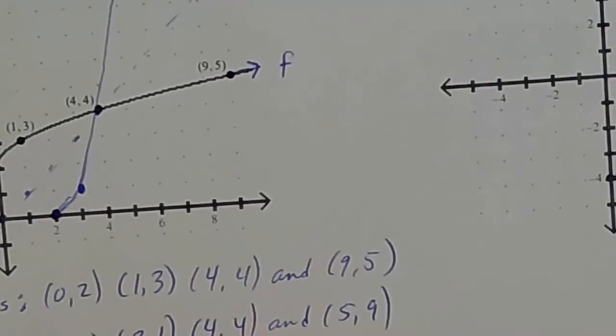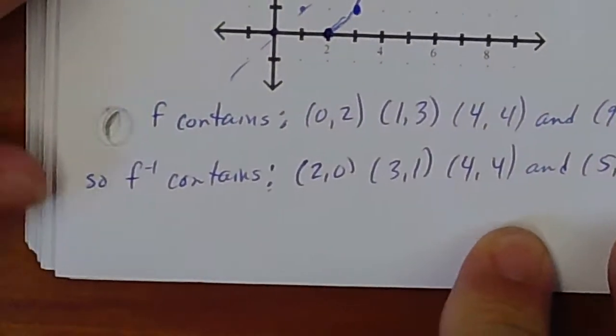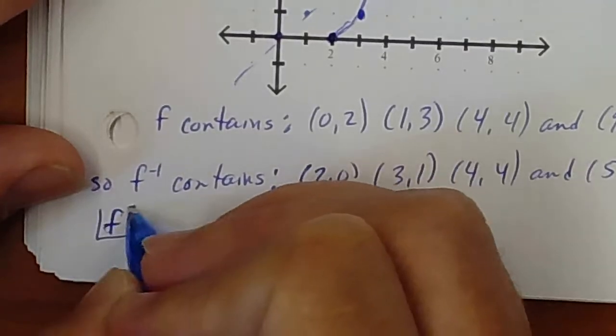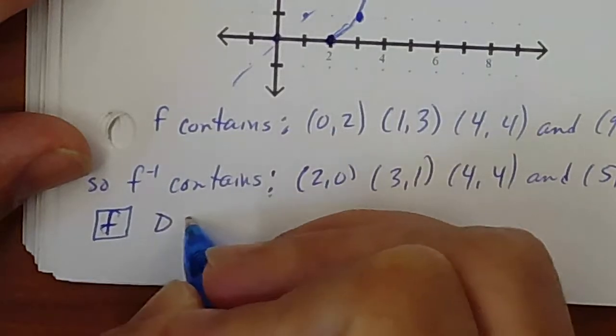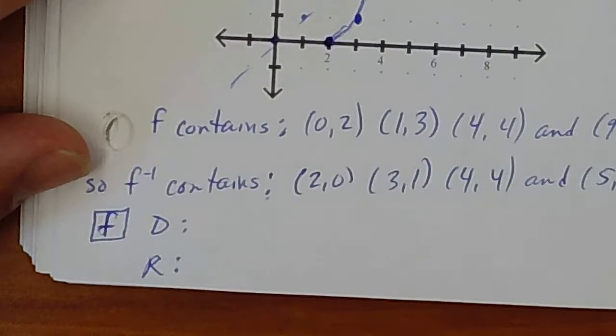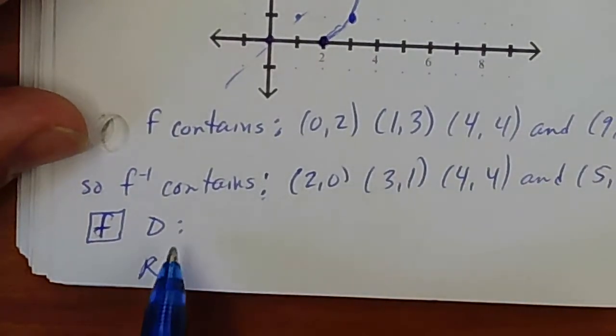All right, then the second part says state the domain and range of f and the inverse. So let's just squeeze this in right here and let's start with function f. Domain and range. All right, so remember for domain, we're looking at the possible x values.